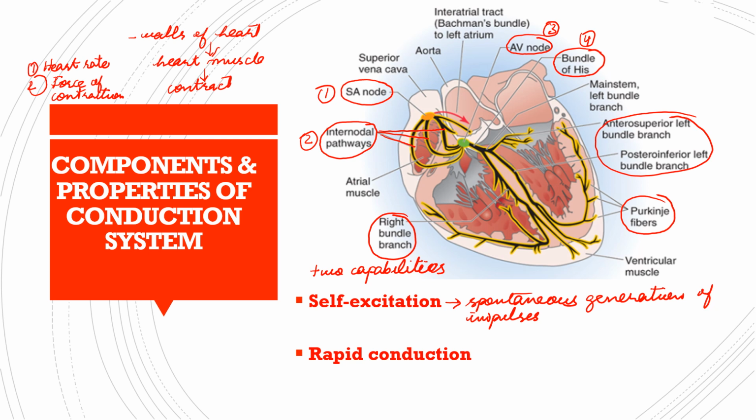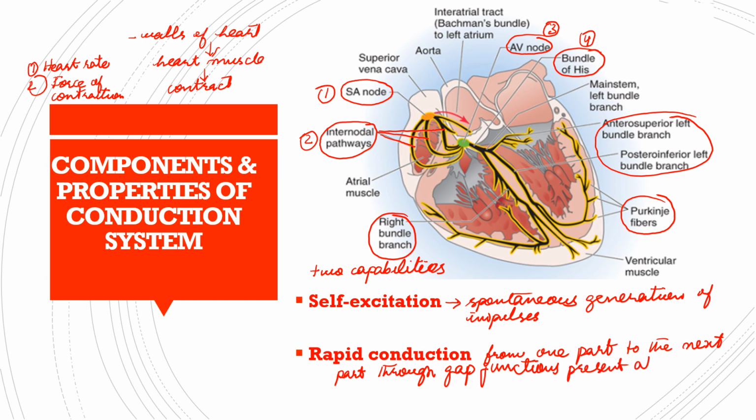The cells of the conduction system rapidly transmit wave of excitation from one part to the next part through gap junctions present at intercalated discs.